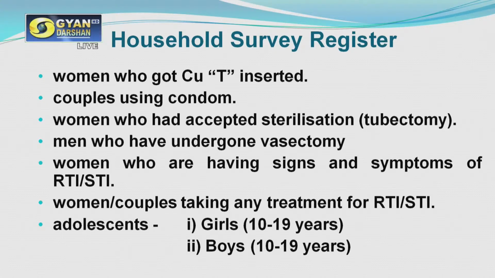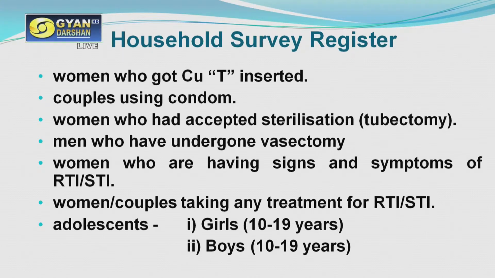Women or couples taking any treatment for RTIs or STIs, you can also record. So you will come to know how many women or people in the village have RTIs or sexually transmitted infections, and out of them how many are on treatment. That you can get as data later on.